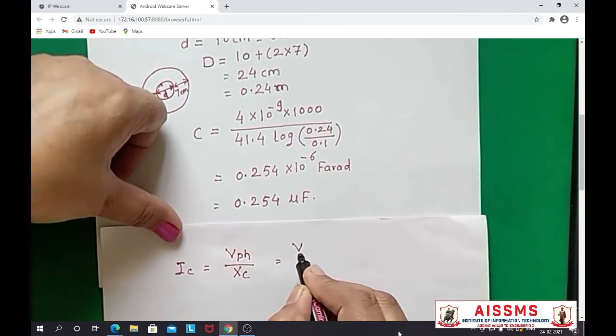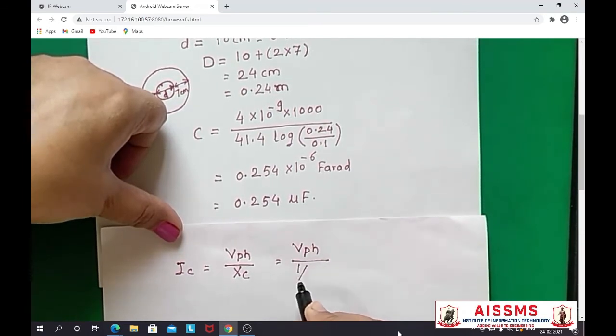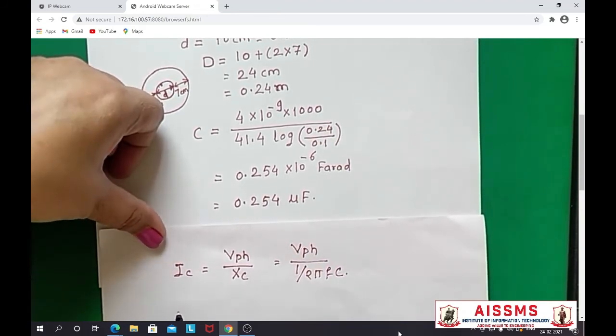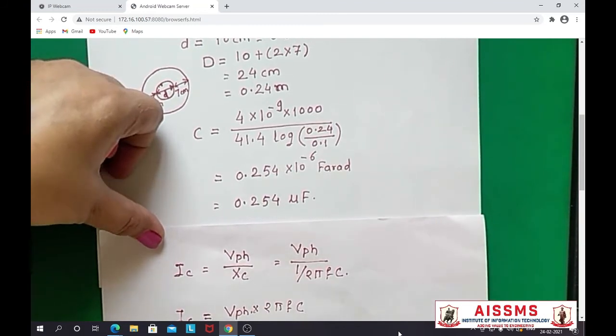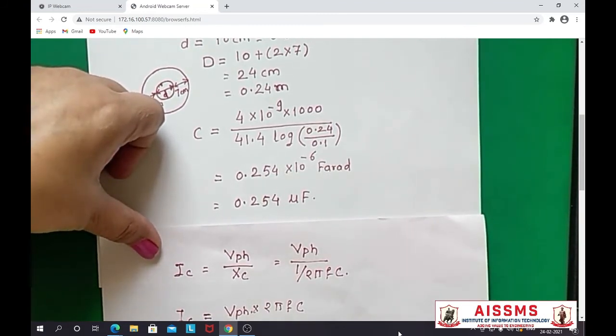Now, capacitive reactance is given as 1 divided by 2 pi Fc. So, we can write the formula for charging current as V phase into 2 pi Fc. Now, the given voltage is a line voltage. So, it is given to be 66 kV.